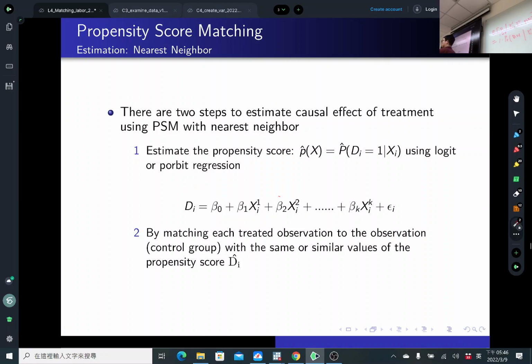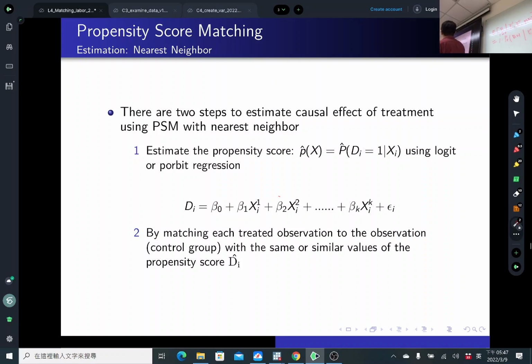That you can observe in the data. You have several characteristics like age, education, income, and use these k variables in the logit or probit regression to get the prediction. This prediction is p hat. This could be 0.1 for individual 1, 0.2 for individual 3, and so on.